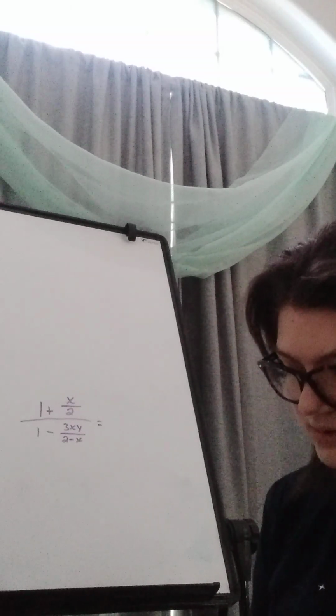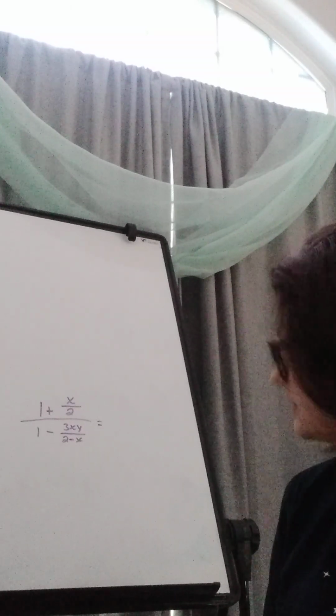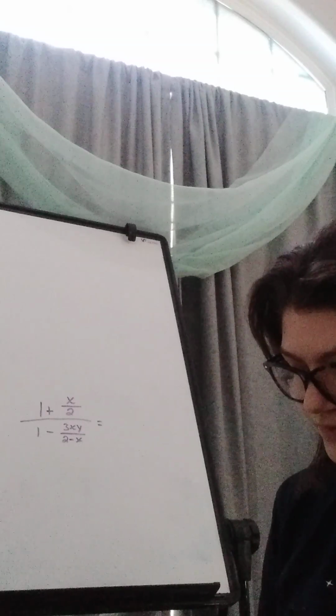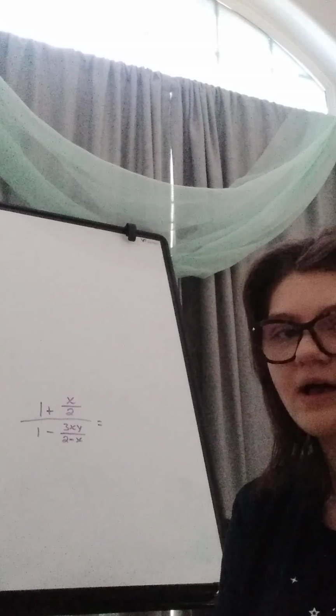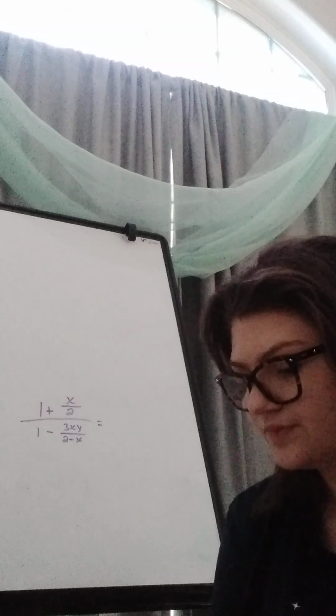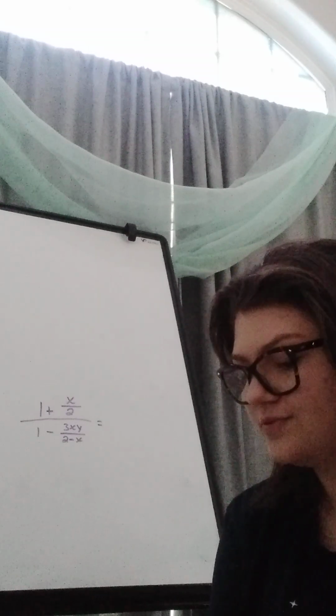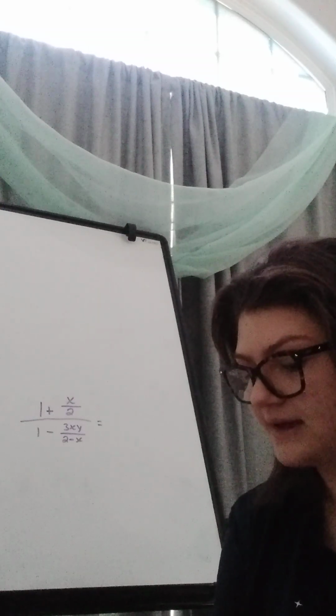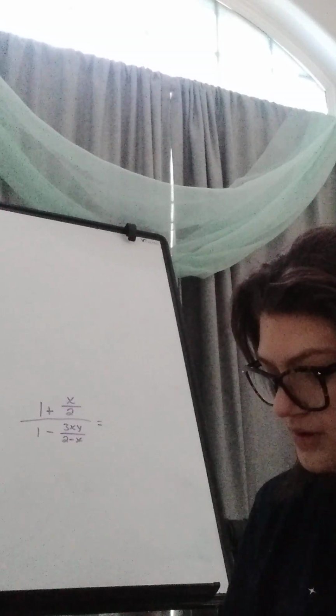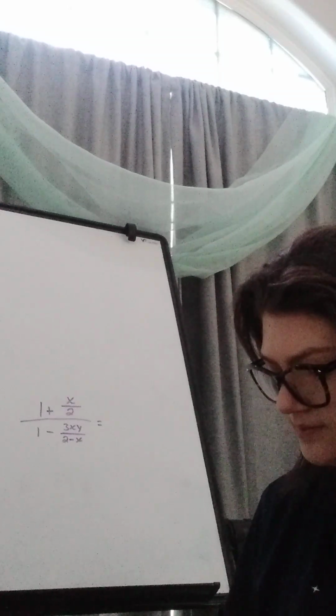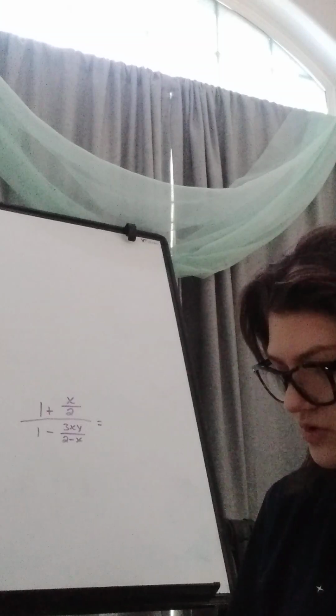So we have 1 plus x over 2. If I multiply 1 by 2 over 2, which will just give me 2 over 2, I can now add that to x over 2. So I'll have 2 plus x over 2.